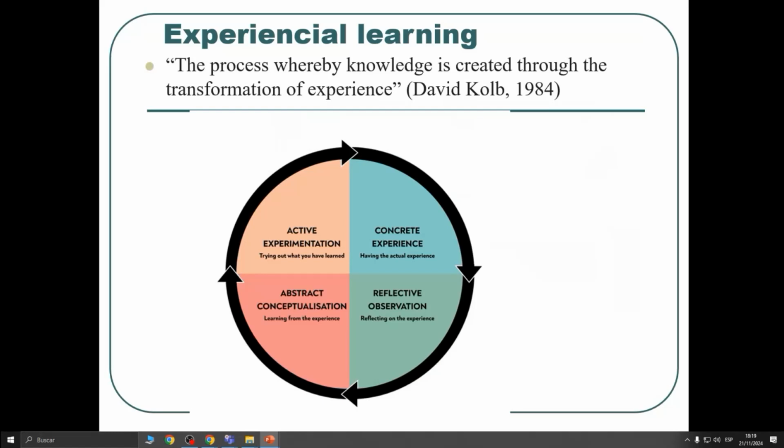So experience is associated with effective, specific practical activity, doing, okay?